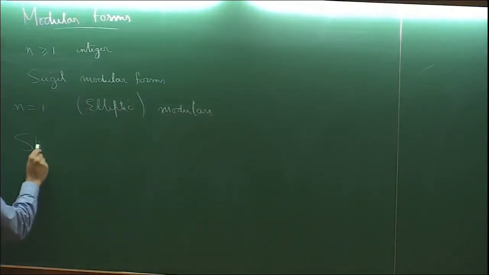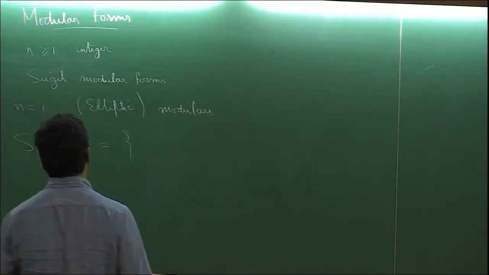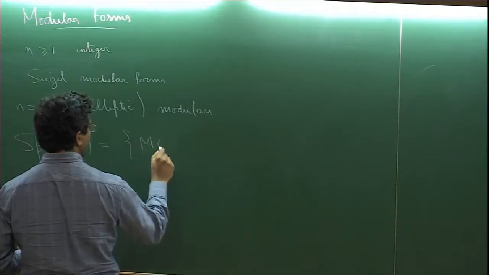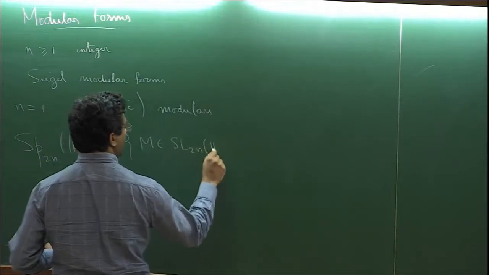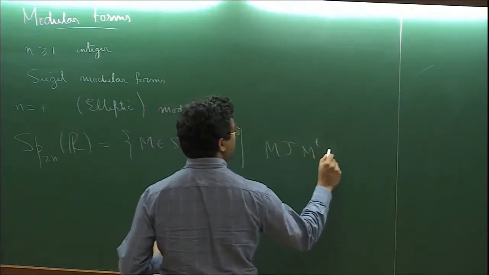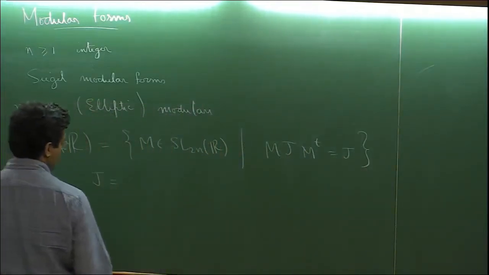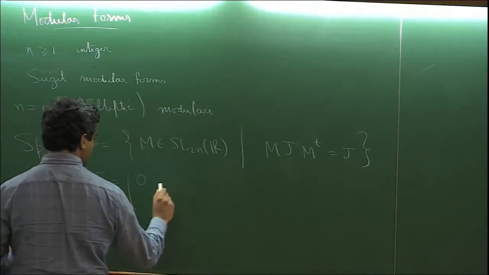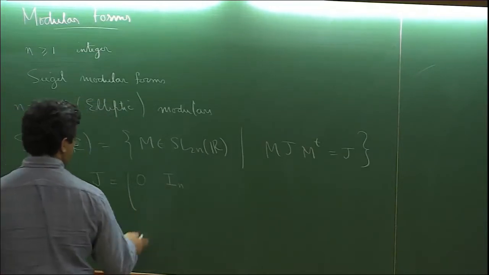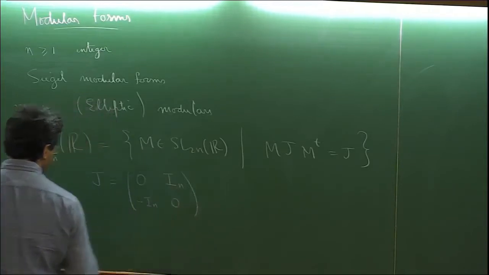So I start with a group, Sp_2n(R). So symplectic groups, so these are all matrices M such that M J M transpose is J, where J is this 2n by 2n matrix, which is given by an n by n block of zeros, and then an n by n identity matrix, and then minus I_n, 0.